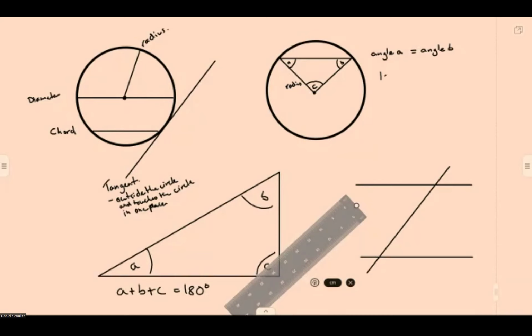Okay, so given angle C, we can do 180 minus C to get what angle A and B would be.